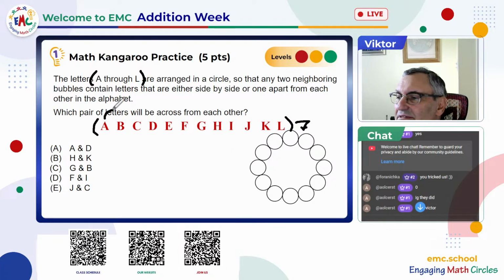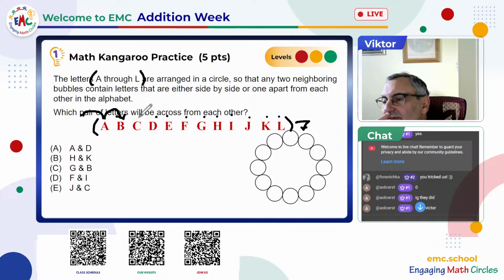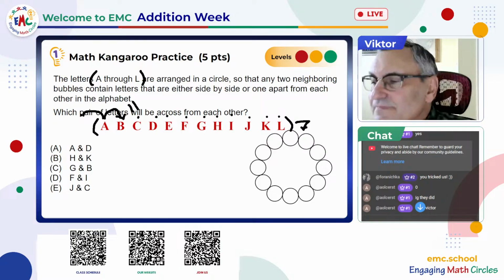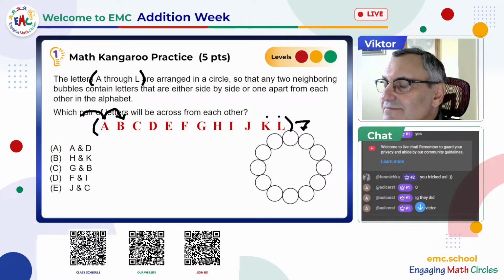So, for example, B is 1 away this way, but it's 1, 2, 3, 4, 5, 6, 7, 8, 9, 10. It's 11 away if I go the other direction. So A and B can't work, obviously, because they're beside each other. But we need to find the ones that are equally distant from each other in both directions.